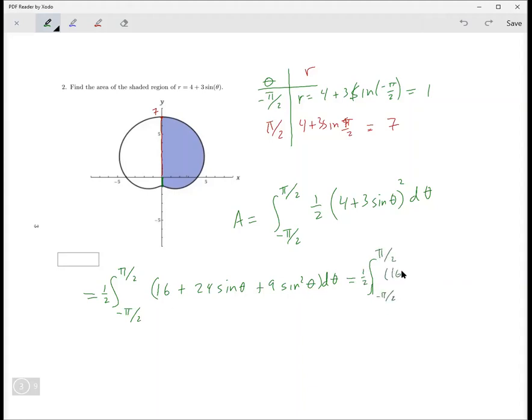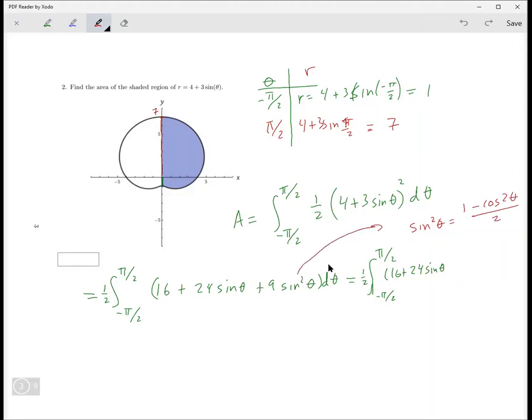So we have 16 plus 24 sine theta. And here we're going to use the trigonometric identity that sine squared theta equals 1 minus cosine 2 theta over 2.